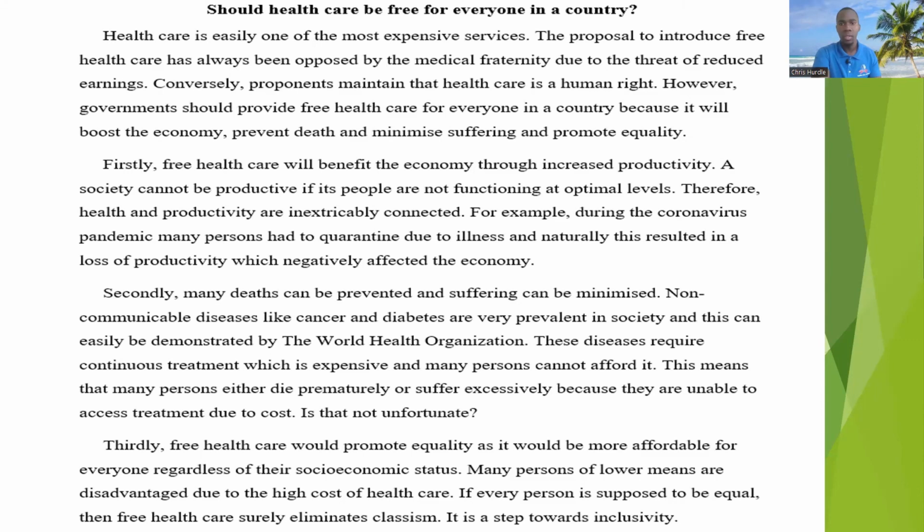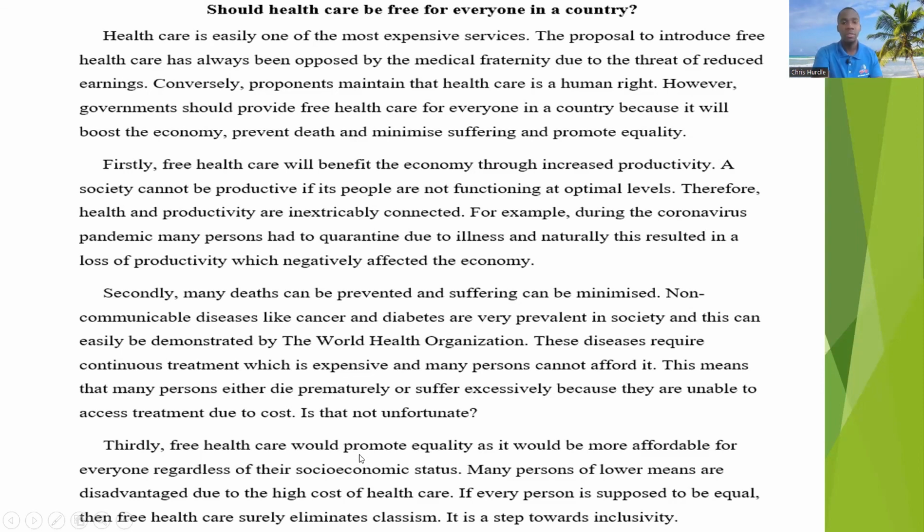Which would be the World Health Organization or WHO. These diseases require continuous treatment, which is expensive, and many persons cannot afford it. This means that many persons either die prematurely or suffer excessively because they are unable to access treatment due to cost. Is that not unfortunate? Okay, so you see, in this point, I would have used explanation and a rhetorical question.